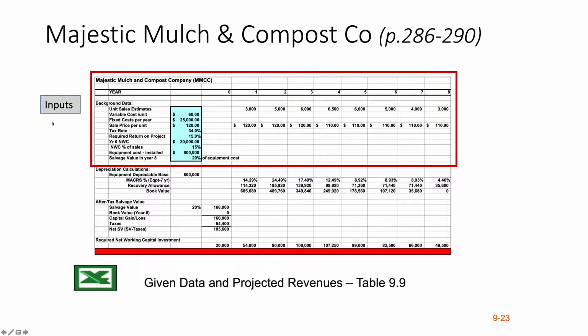In a spreadsheet capital budgeting model, first you need to give the input. Those are the parameters you will use. Usually in the input section, all the numbers behind those cells are exact numbers.